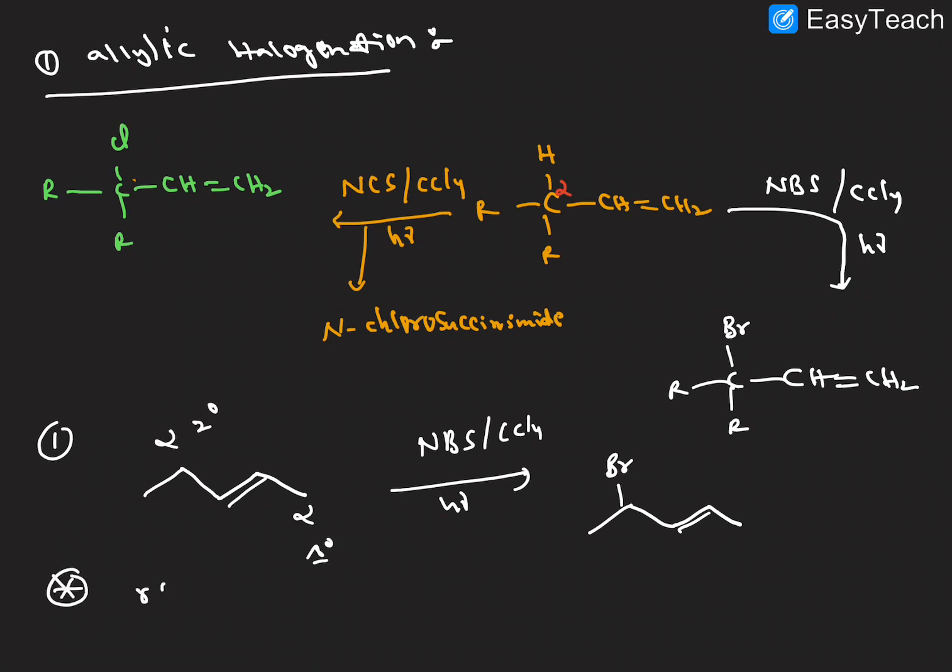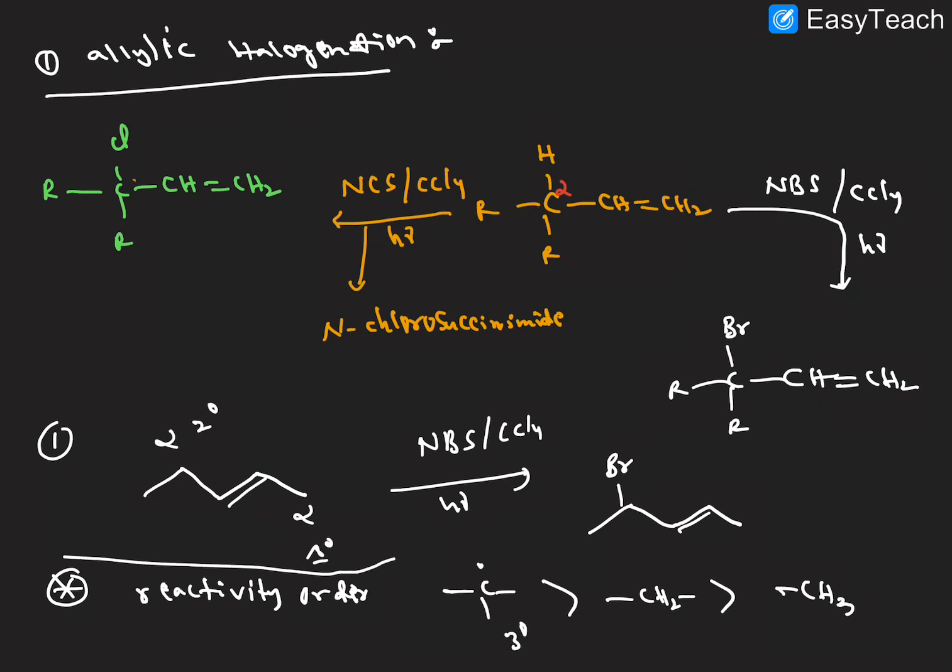So the important point here is the reactivity order: tertiary is more reactive than secondary, and then primary. So this is the order of reactivity. I hope it is clear.